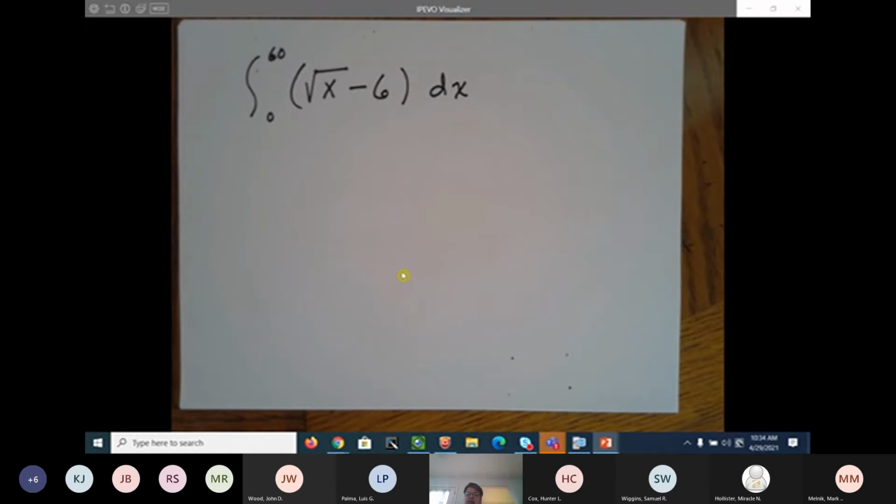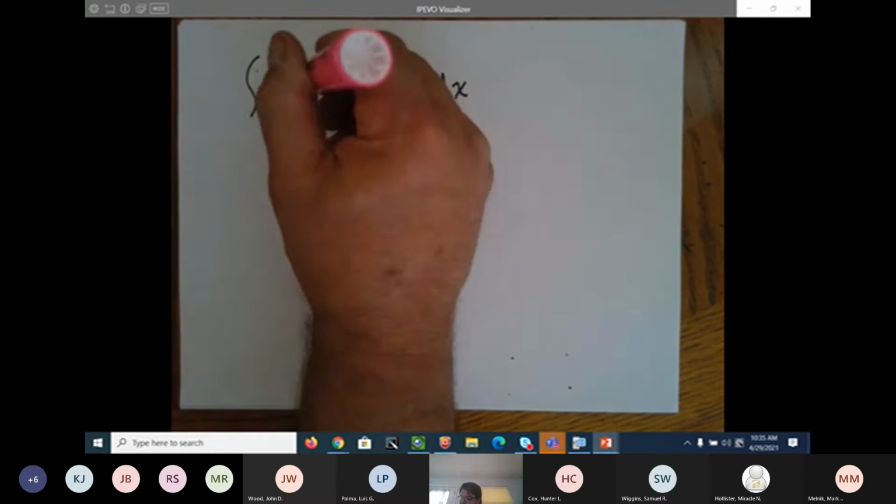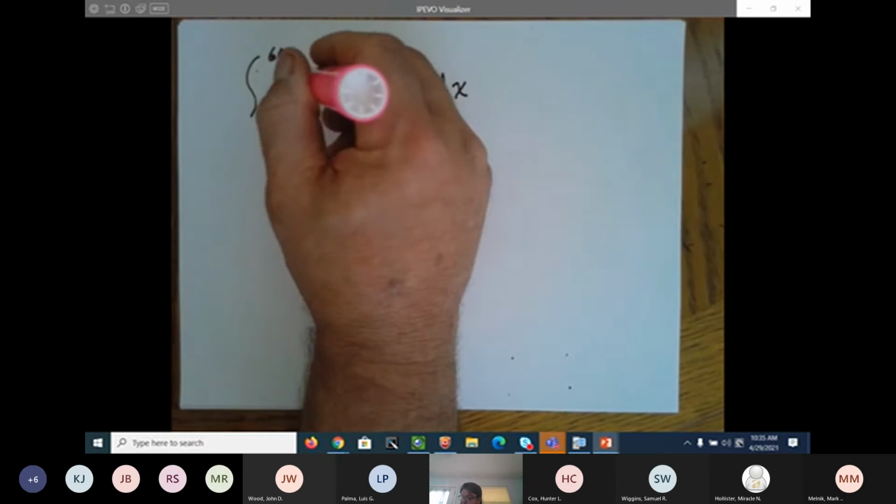Of course, why would I pick this problem? Somebody tell me why I would pick this problem for the test. Well, Miss Holcomb's correct, because of the radical. Why would I pick the radical?